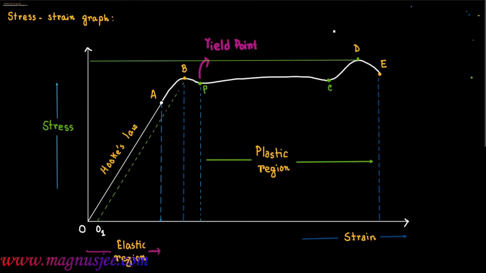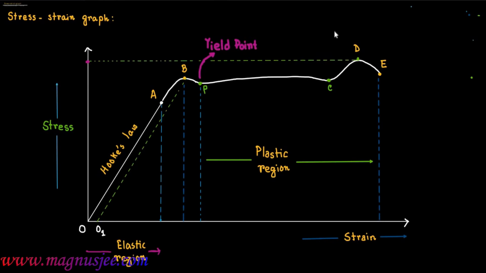Now we can draw a normal from the point D on the stress axis, or vertical axis. This imaginary line is drawn from the point D on the stress axis, which gives the value of breaking stress.